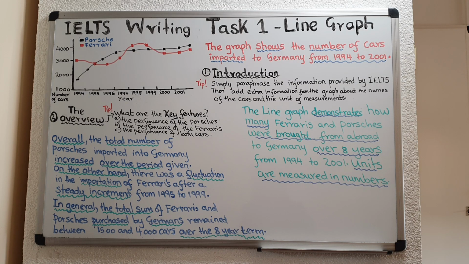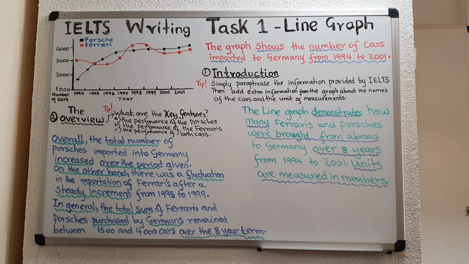Once you have figured out what the key features are, and most of the time the key features are 2 or 3, usually 2 to 3, most of the times it's 3 key features, then you begin writing the overview paragraph.